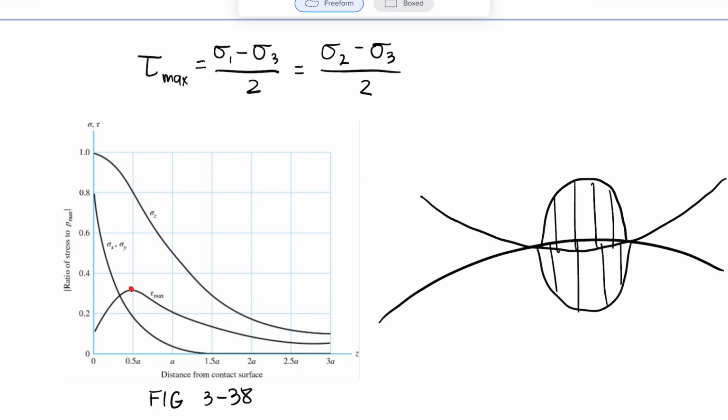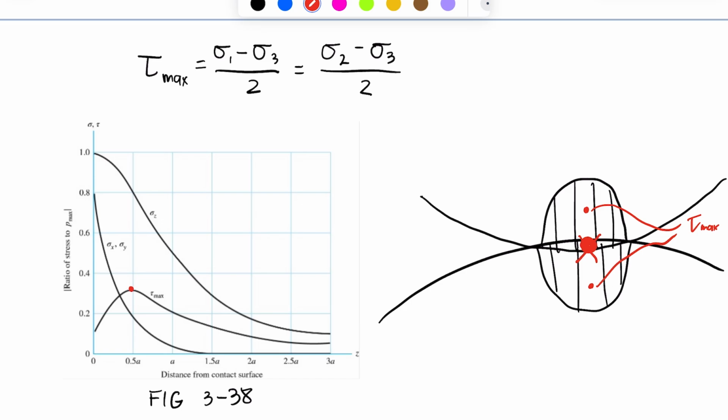Now, our maximum shear stress actually occurs not anywhere here on the surface where these two things are intersecting, but actually tau max occurs just below the surface. So approximately, there.